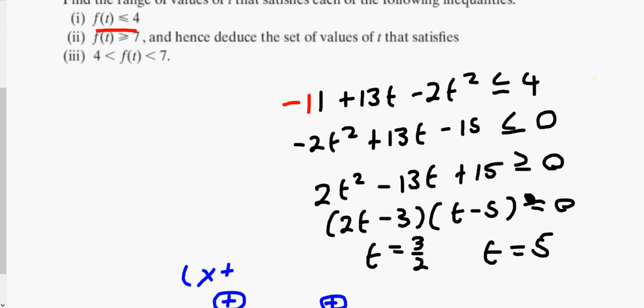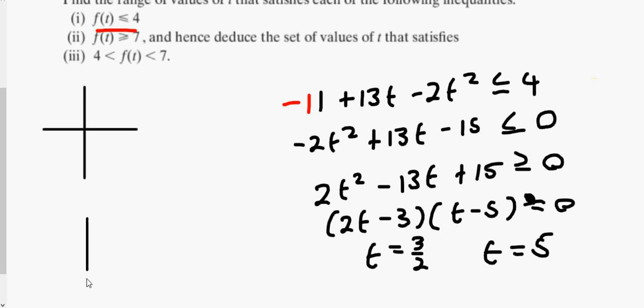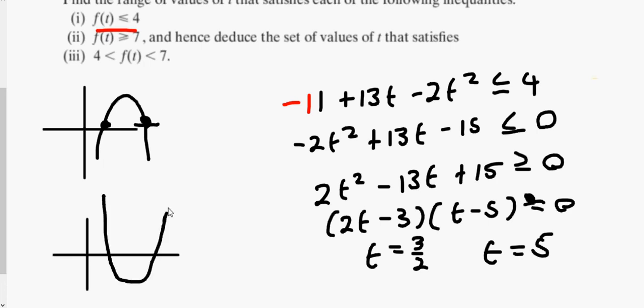Now, if it's the n-shape, it crosses at 3 over 2 and 5. If it's the u-shape, it crosses at 3 over 2 and 5 as well.